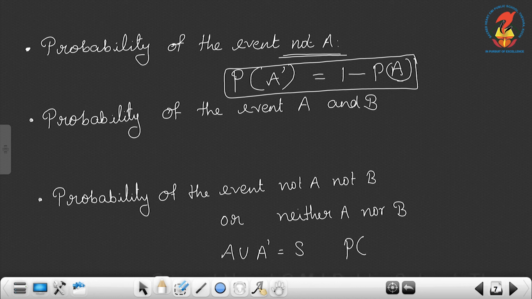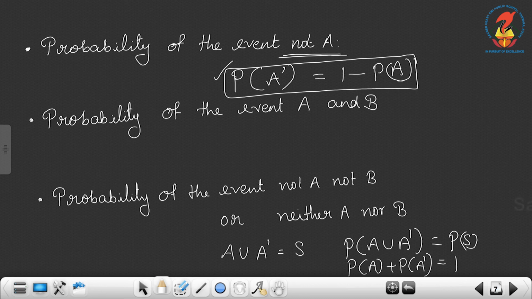Then what is P of A union A complement? That is P of S. P of S is 1. Okay. A and A complement are mutually exclusive. So, we can write P of A plus P of A complement. So, what is P of A complement? 1 minus P of A. Okay. We have to learn only the result. Not A means P of A complement, that is equal to 1 minus P of A.